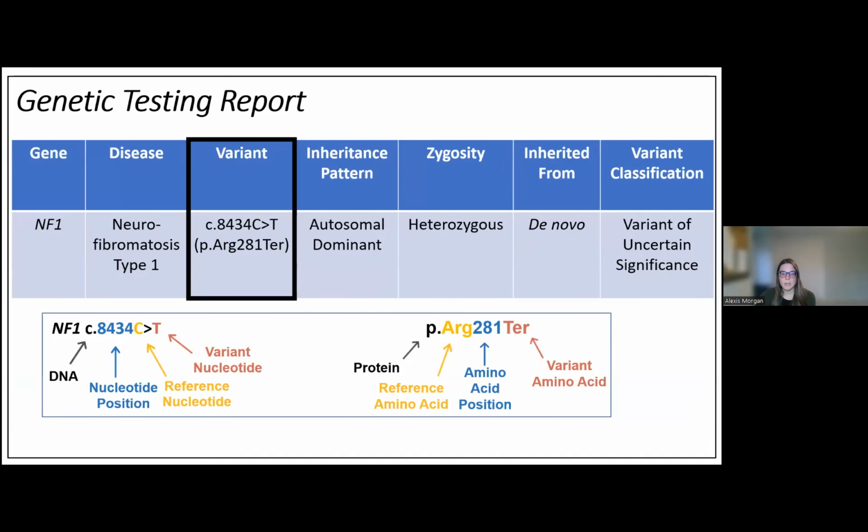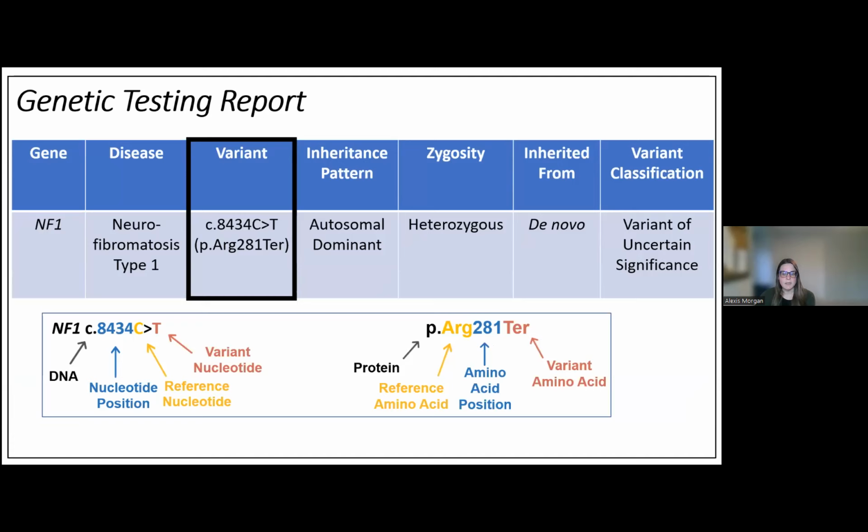The variant information of the sequence report tells you exactly what genetic change or sequence variant was identified through testing. You will typically see a c. and a p. on the reports. The c. is the DNA information, and the p. is the protein information.